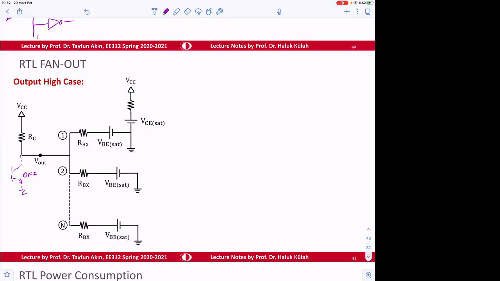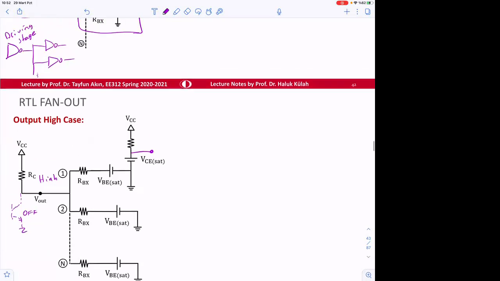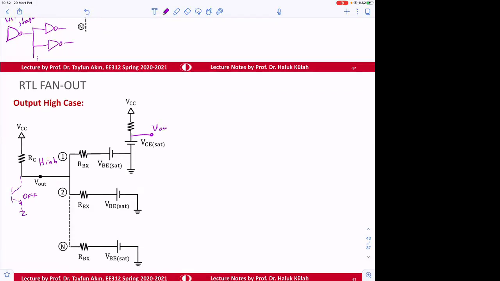But when you connect the next gates, so this is high, this is going to be high. If this is high, the output here, the next gate, let's say this is V out X, needs to be what? Low.